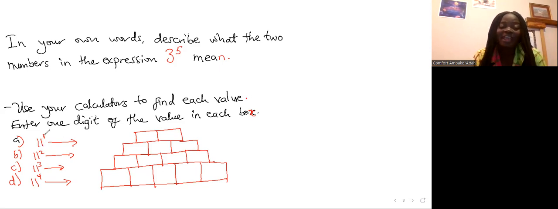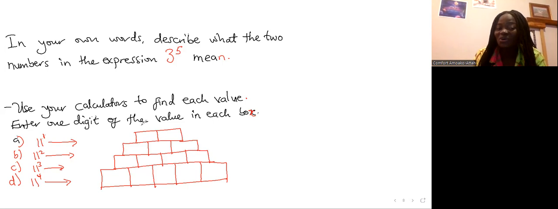That is 11 exponent 1, 11 squared, or 11 to the second, 11 exponent 3 or 11 to the third, then 11 exponent 4 or 11 to the fourth.